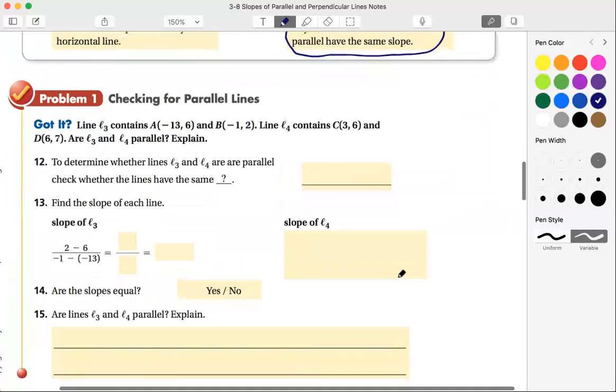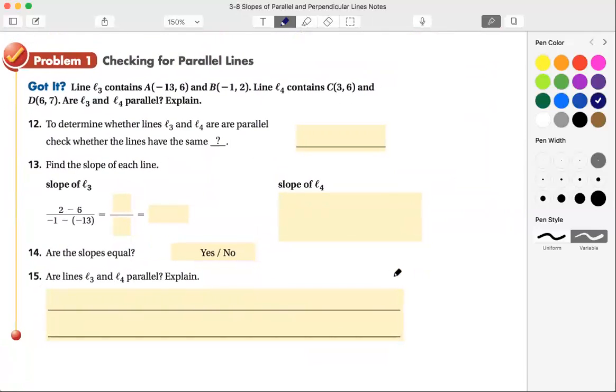Okay, let's do a problem. If line L3 contains the points -13, 6 and -1, 2, and line L4 contains 3, 6 and 6, 7, are lines L3 and L4 parallel? Well, in order to determine if they are parallel, we need to determine if they have the same slope. Slope for L3: 2 minus 6, which gives us -4, over -1 minus -13, which is 12, we get -1/3.